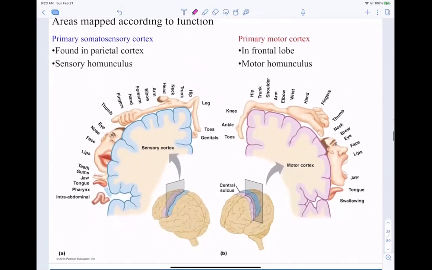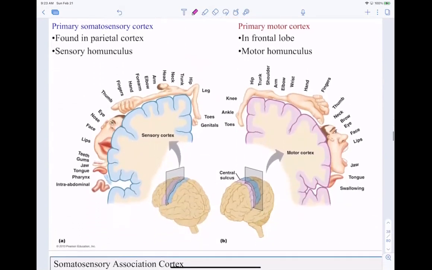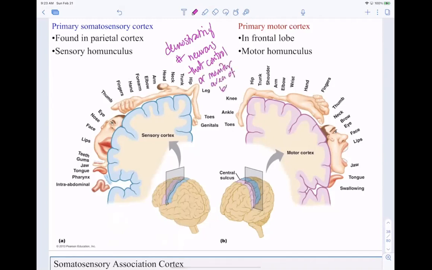The homunculus here is showing you how many neurons are dedicated to these body parts. It's really demonstrating the number of neurons that control or monitor an area of the body.